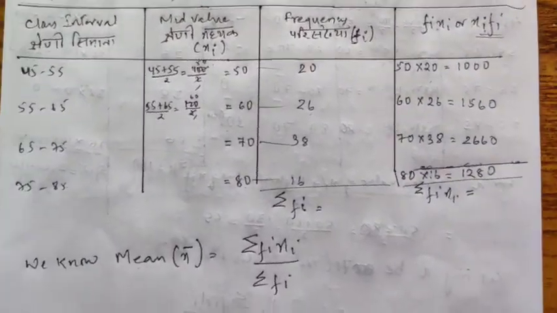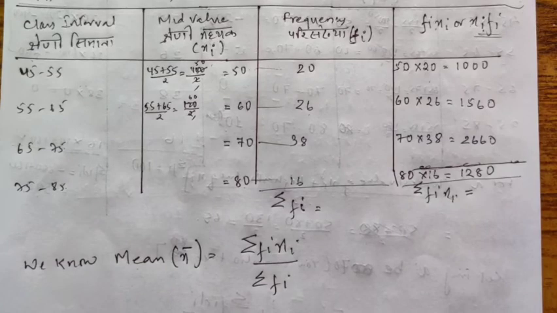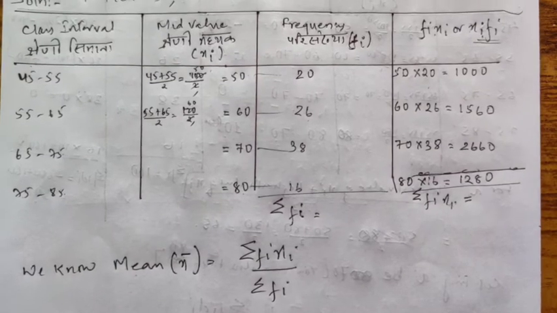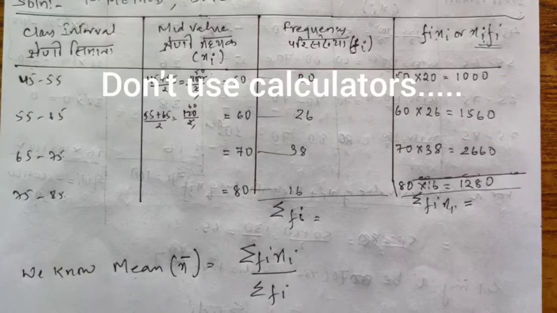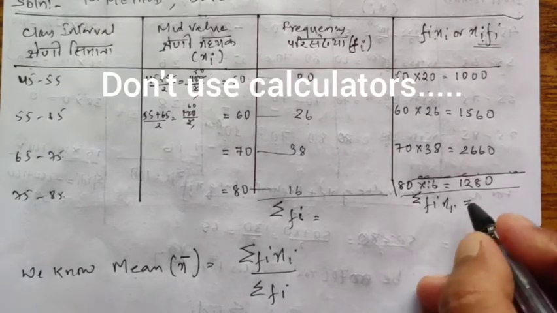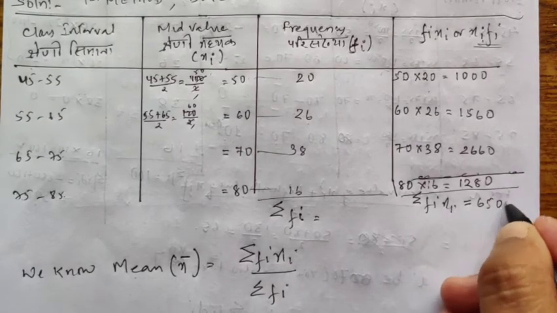Now I've shown you the formula. For the direct method, our formula is summation fi xi by summation fi. So summation fi xi, let's find summation fi xi. In the rough, you add everything. So how much? 1000 plus 1560 plus 2660 plus 1280. It gives us 6500.